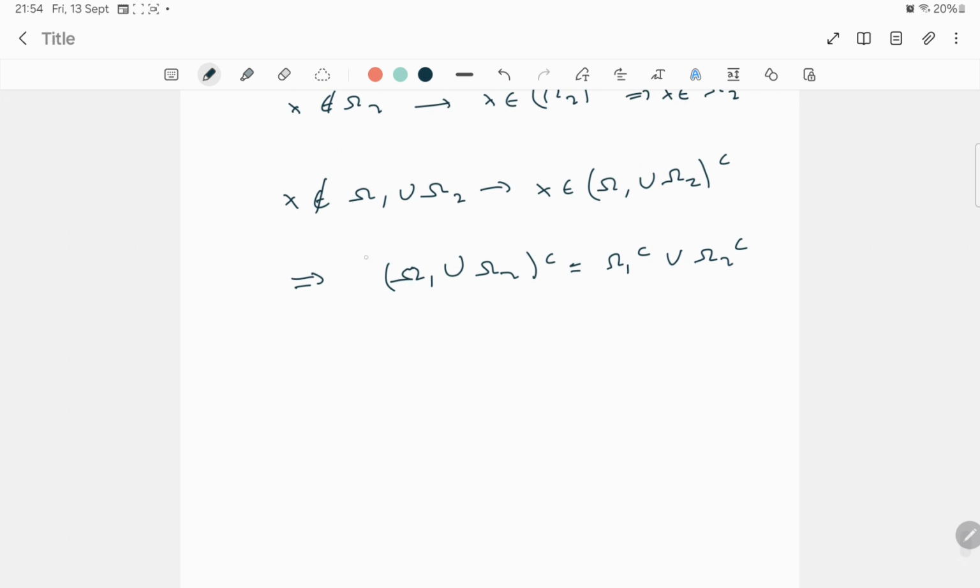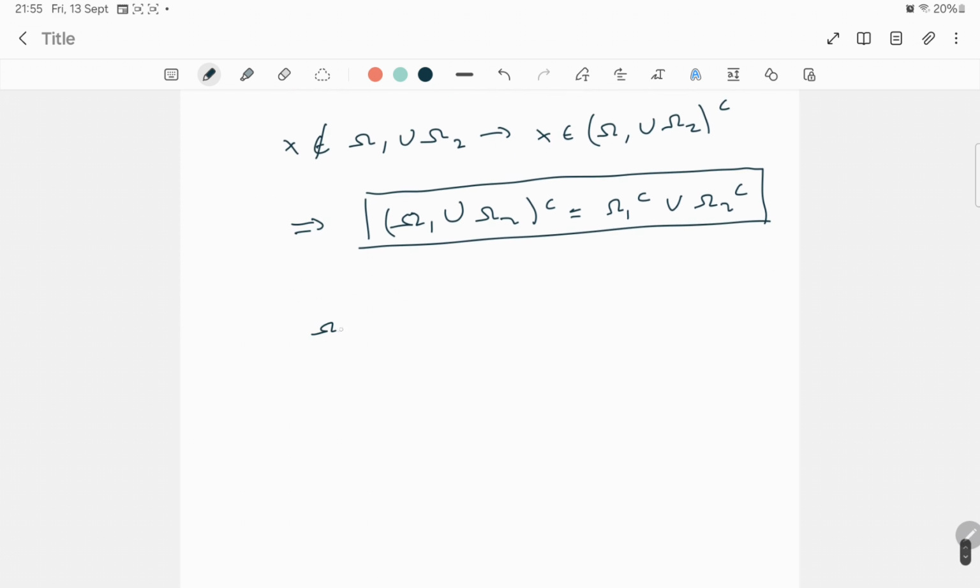The other law, so this is the first Morgan law. The other is omega 1 intersection omega 2 complementary equals omega 1 complementary union omega 2 complementary.